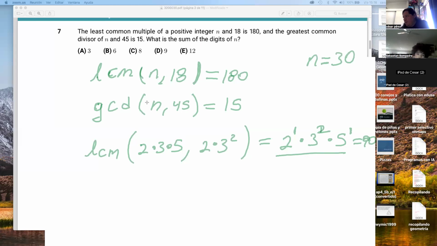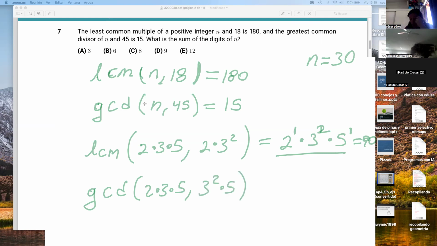If we use the greatest common divisor, and we use 30, here we have 3 squared times 5. We need to use the smallest of the powers.